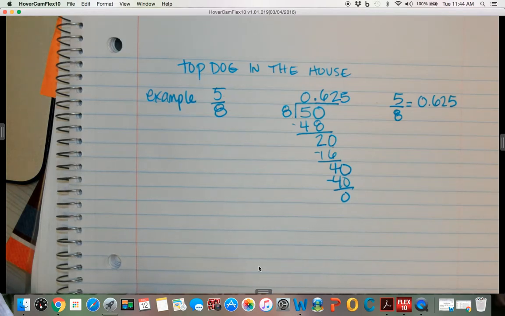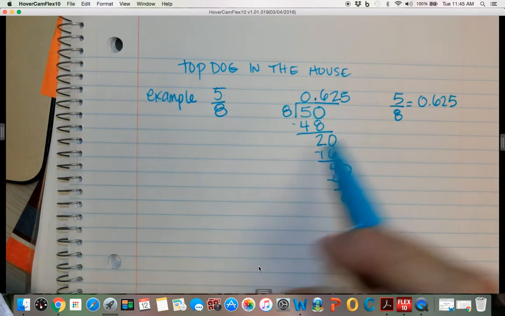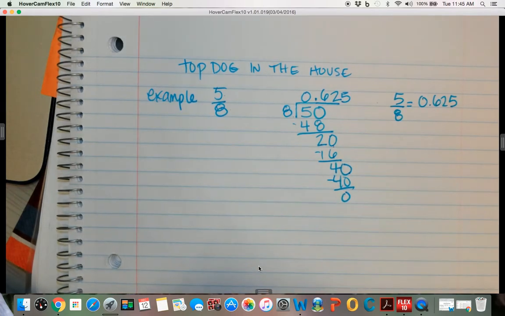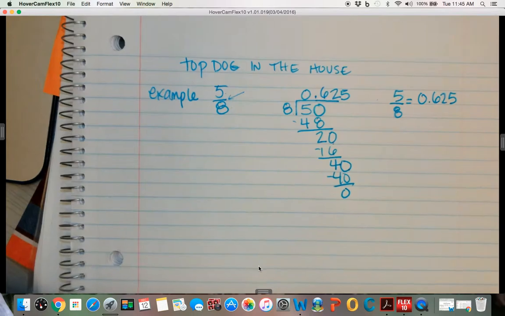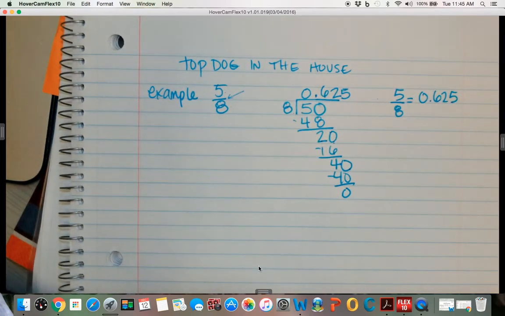You cannot easily do that conversion. 5/8 is not 58 hundredths. They do not mean the same thing. 1/3 is not 13 hundredths. It doesn't work. You have to divide, because remember, this little bar stands for our division.